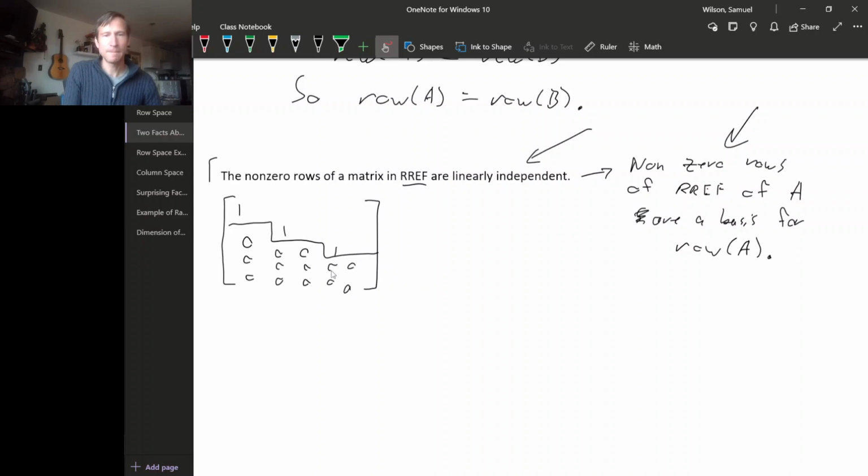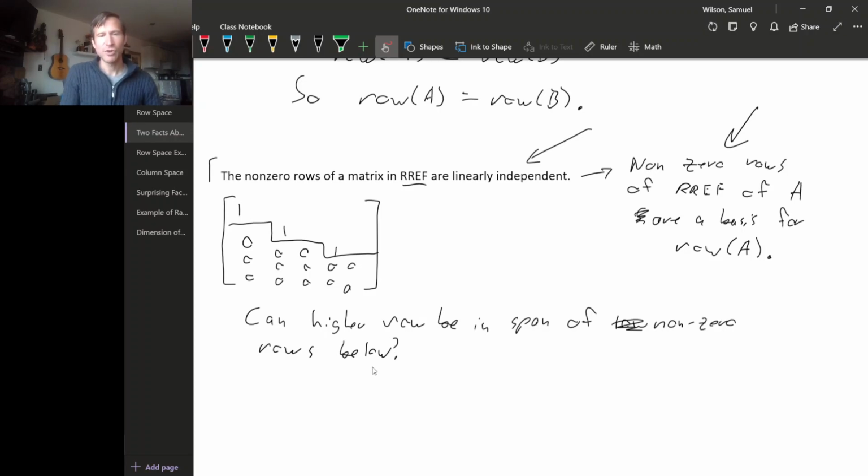Okay, so now let's ask, can a higher row be in the span of the lower non-zero rows beneath it? Taking this row as an example, is it possible that this row is a linear combination of non-zero rows beneath it?